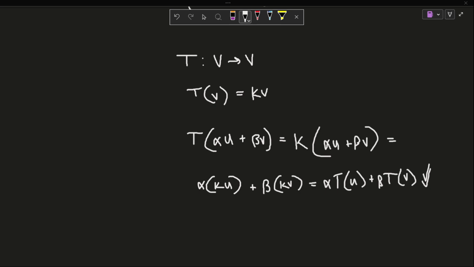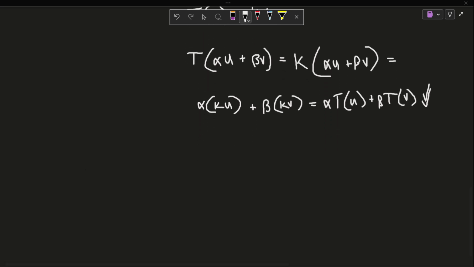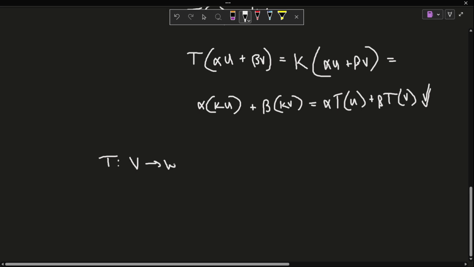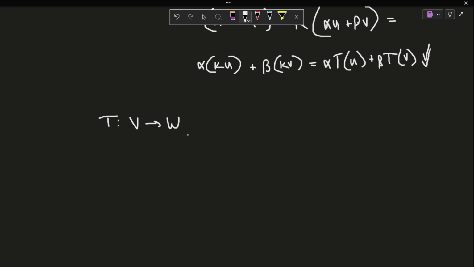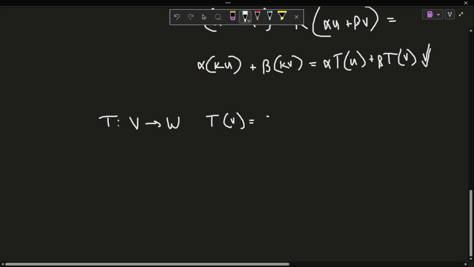Okay, so let's take a look at another example. This time we're going to have T, and V is going to transform into a different vector space this time. So it's going to transform into W, big W, and T of some input is just going to equal 0. Okay? And we need to check whether this is linear.